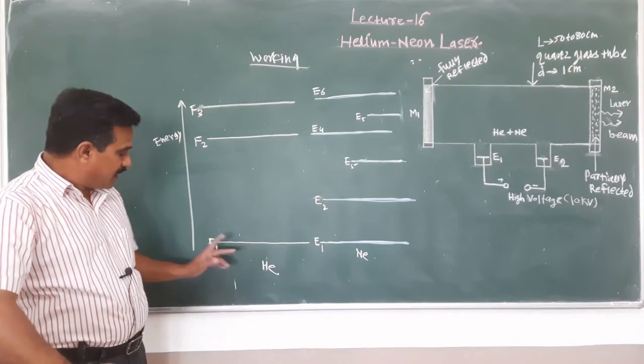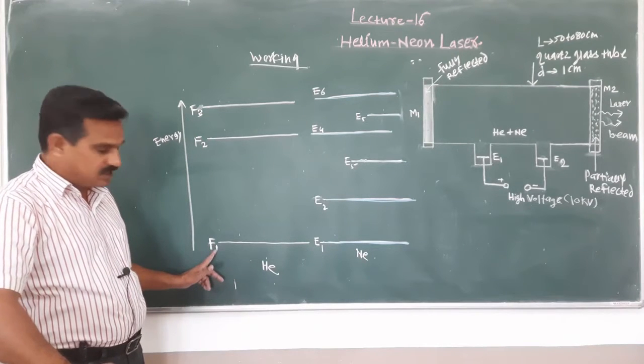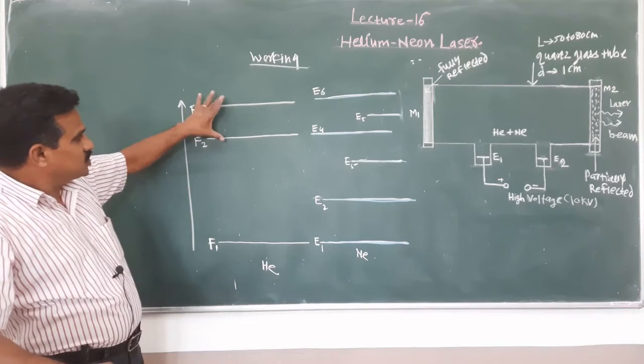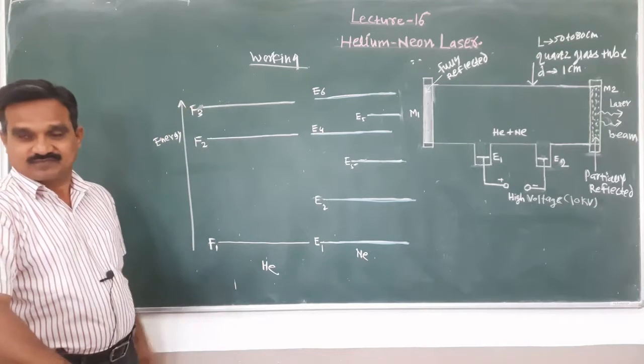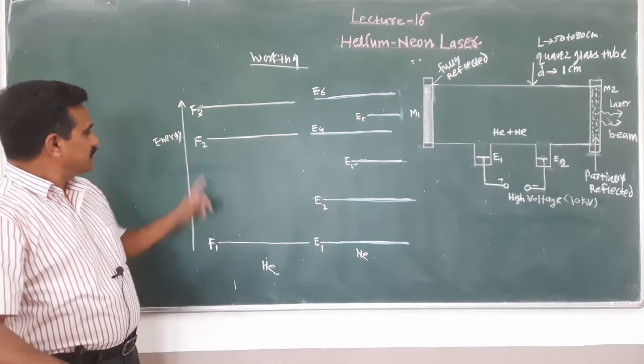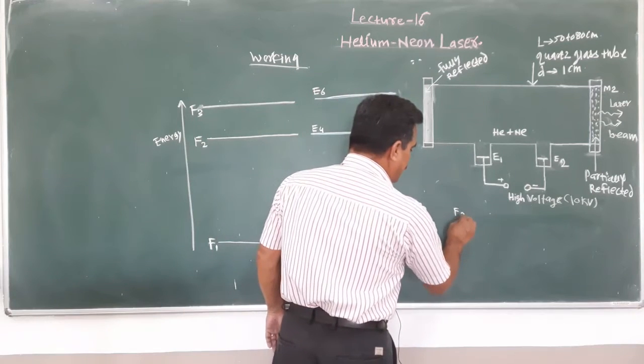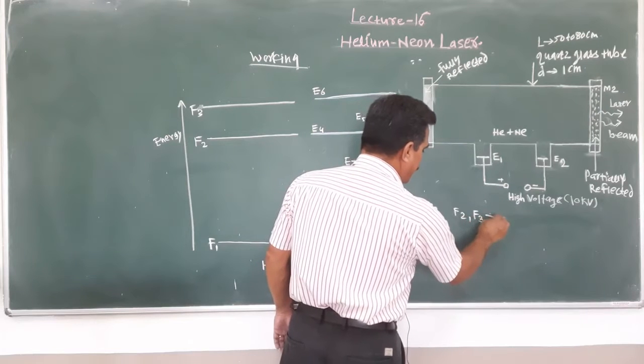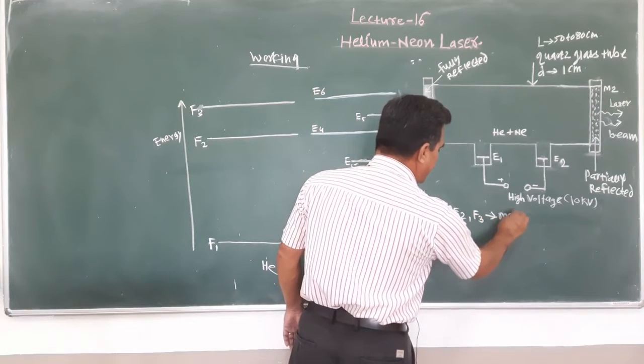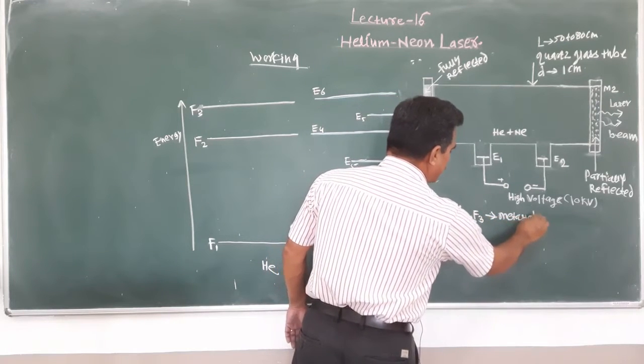Helium ground state energy level is F1, and these two are excited states, F2 and F3. F2 and F3 both are metastable states.